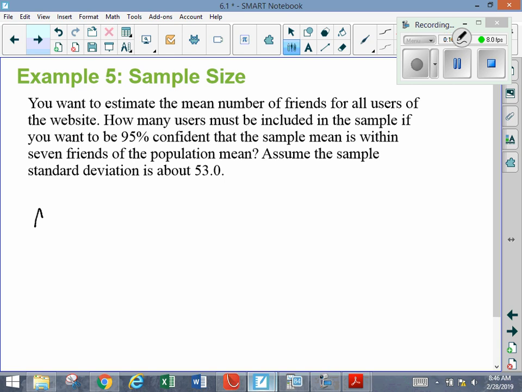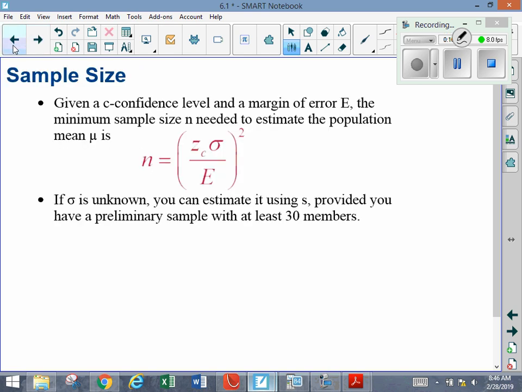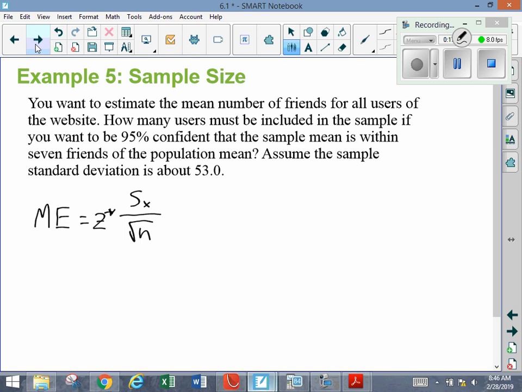So if our margin of error is equal to our critical value, in this case some z star value, times the standard deviation of the sample or of the population, depending on what the situation is, divided by the square root of n, I'm just going to go ahead and solve this to show you where this formula comes from. Alright, so let's go ahead and do that. And then we'll just use that formula.